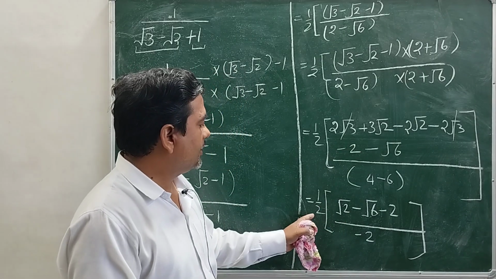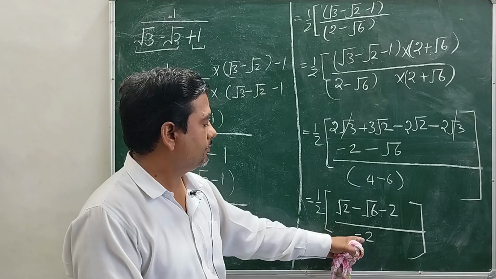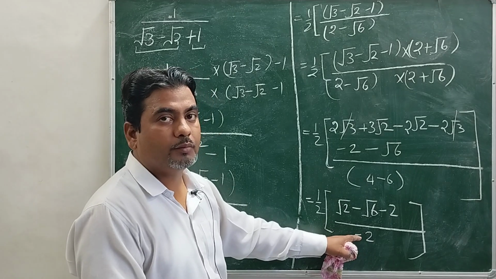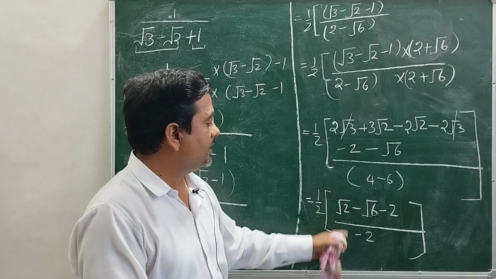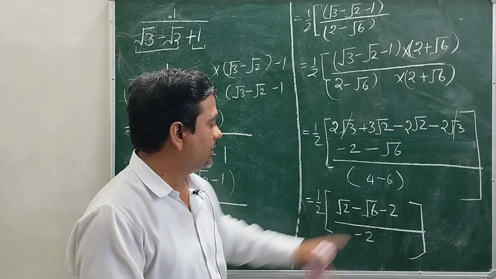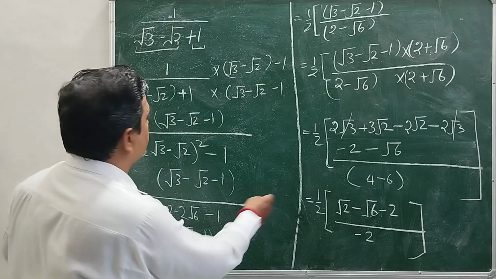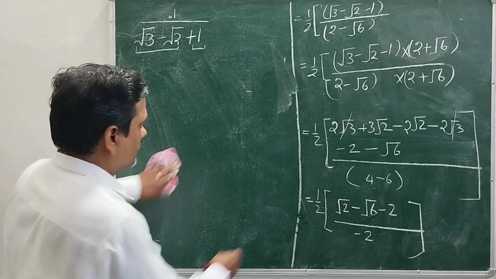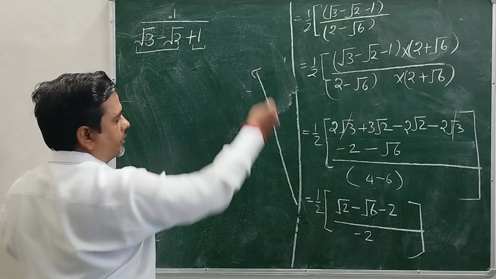Okay. Now there is 2 and there is minus 2. Now if we change the sign in the denominator, if we multiply by minus in the numerator and the denominator, all the signs will change here. So I'm just writing here. So this part going here.